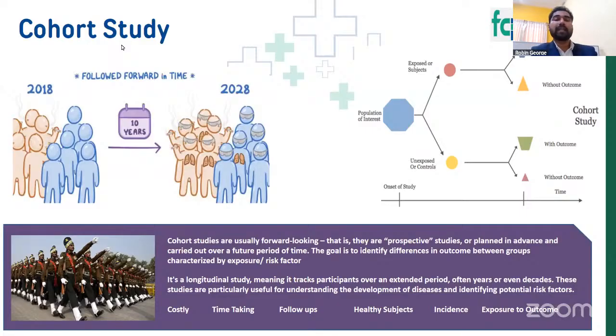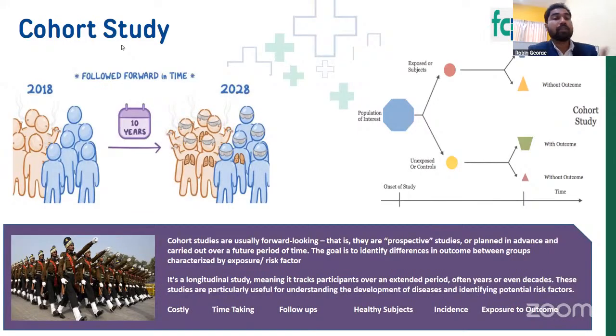In 2018 I took 100 healthy people and divided them into two groups, 50-50. To 50 people I gave nicotine cigarettes, which can cause lung cancer. To the other 50 subjects, because they are healthy right now, they are not patients, I gave menthol cigarettes, which will not cause cancer.